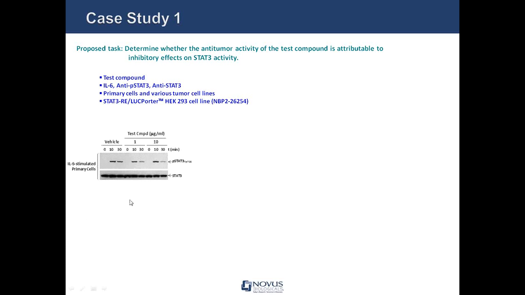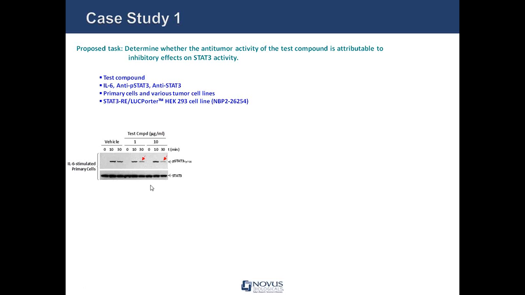Our initial test, to check whether the test compound really inhibits STAT3 activity and STAT3 phosphorylation, was Western blotting using primary cells stimulated with IL-6 in the presence of test compound at 1 and 10 micrograms per ml, at different time points.